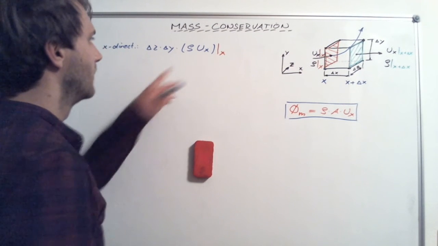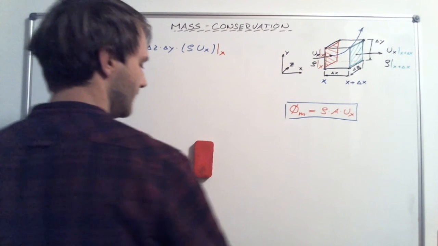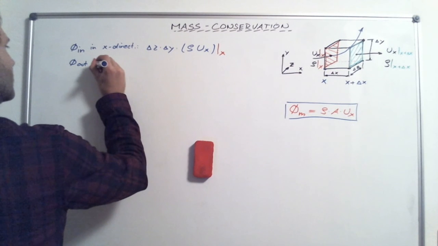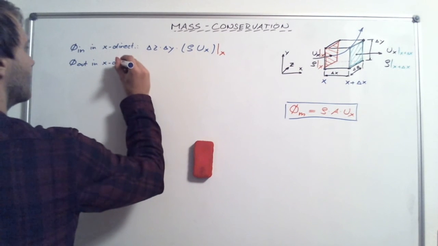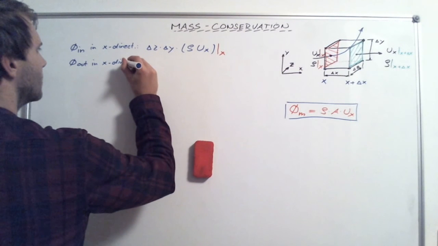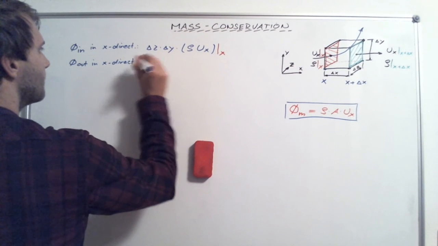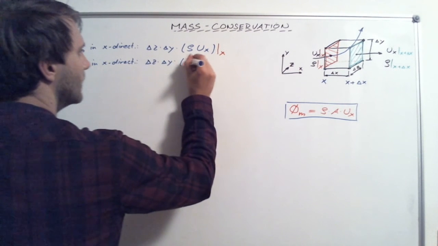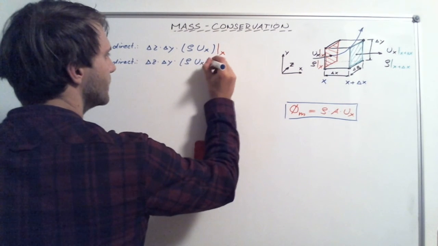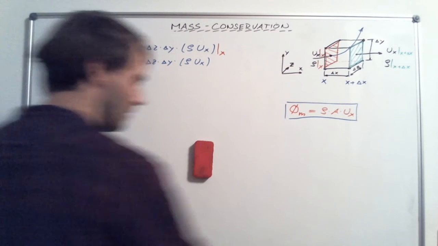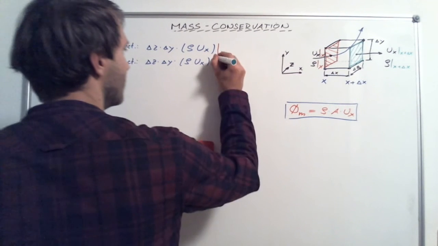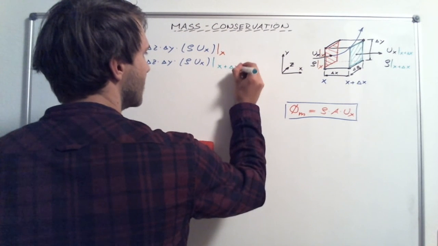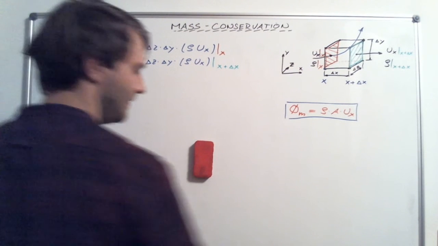So we are talking about the values at the red phase, and we can do the same in x direction for the flux which is leaving. We have the same area and we have the velocity in x and the density, but now we are interested in the values at position x plus delta x, or at the green phase.